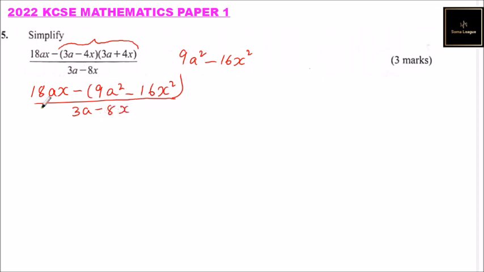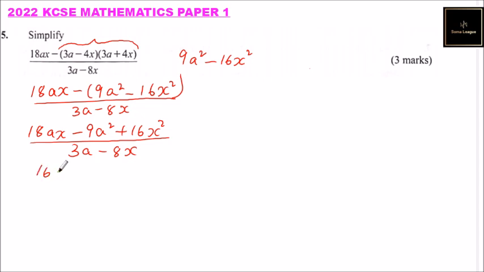Now we open the bracket: 18ax minus 9a squared, and minus minus gives positive 16x squared, all divided by 3a minus 8x. We can rearrange our numerator and write it as 16x squared plus 18ax minus 9a squared. So that is our numerator.